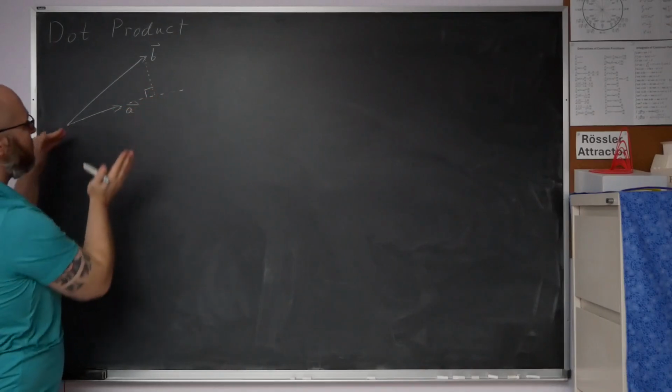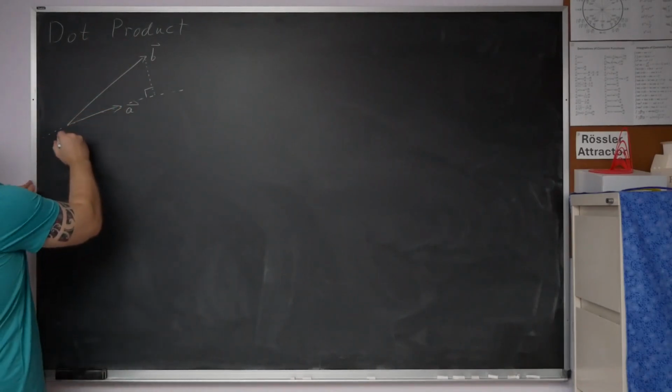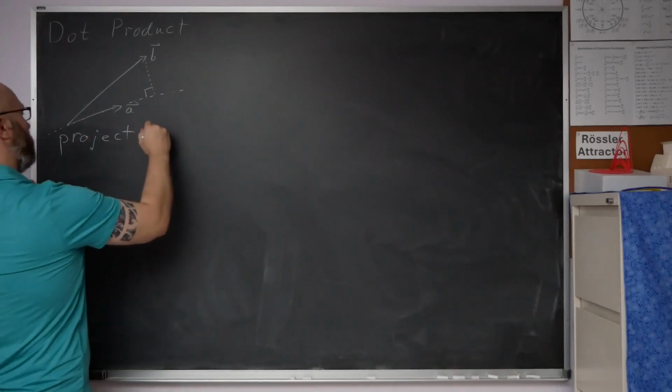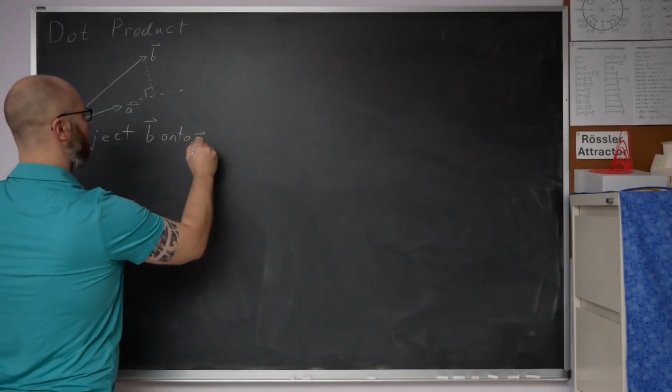And also, what is a vector representing that? So that's called the projection. You're projecting B onto A.